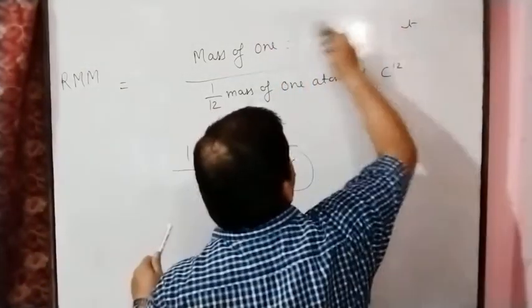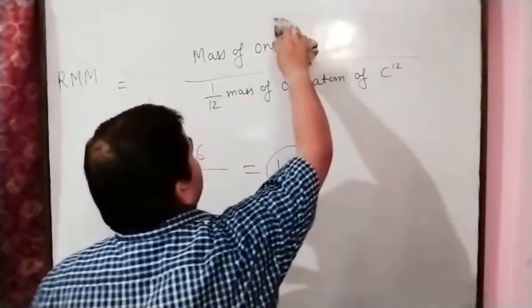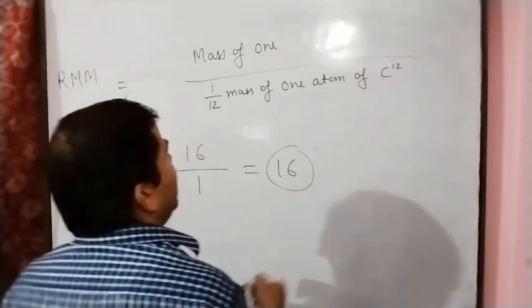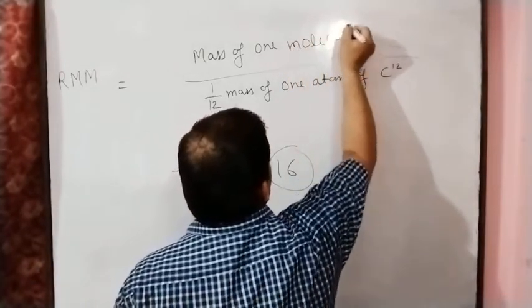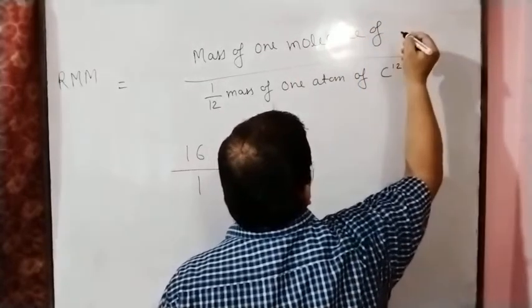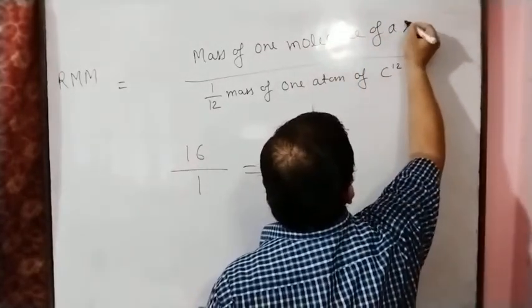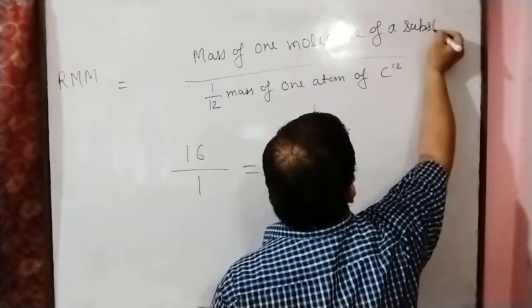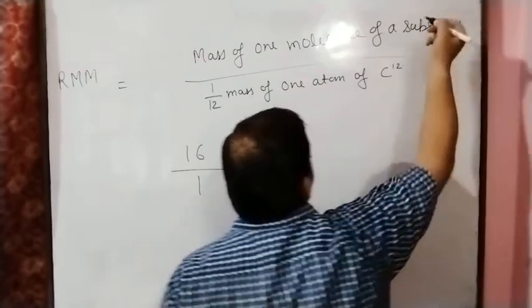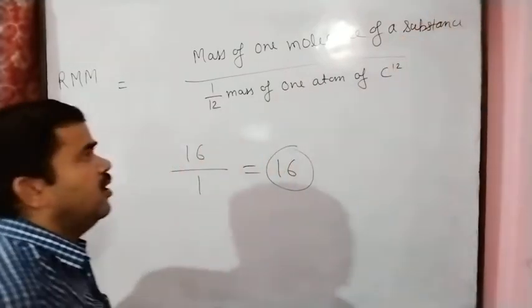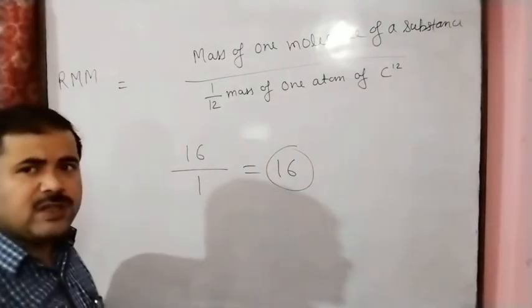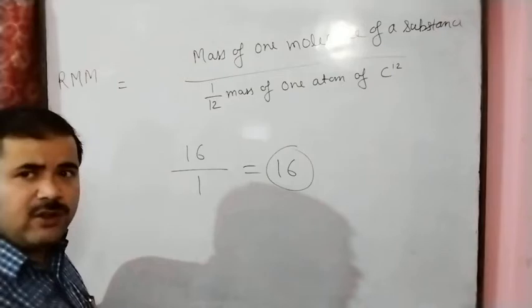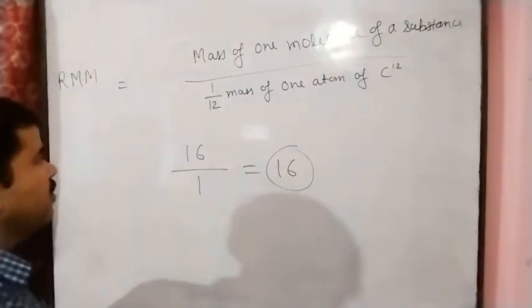Here we will write: mass of one molecule of a substance. Substance means element or compound. So we are taking a molecule, which may be a molecule of an element or a molecule of a compound.